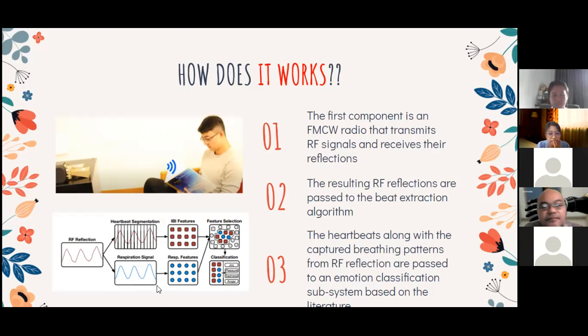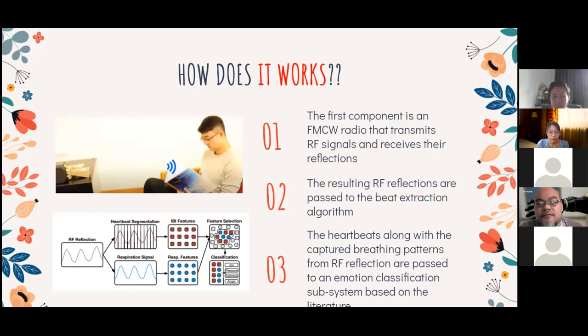Okay. Second question: if there are many people there, how would the system differentiate? Here, they just test one person at a time, but maybe that is the further development that they will make.